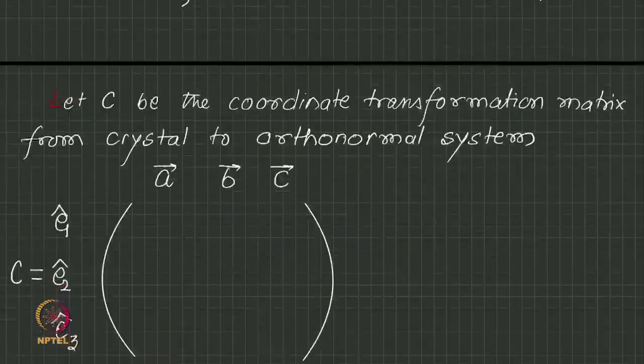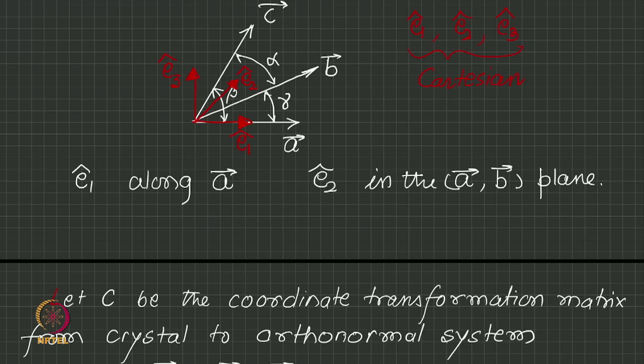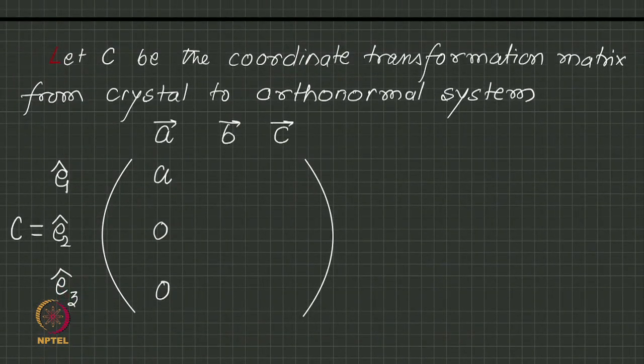A is along E1. So, the first component will be its length. The Cartesian coordinates of A will be A, 0, 0, because we have chosen E1 to be along A.